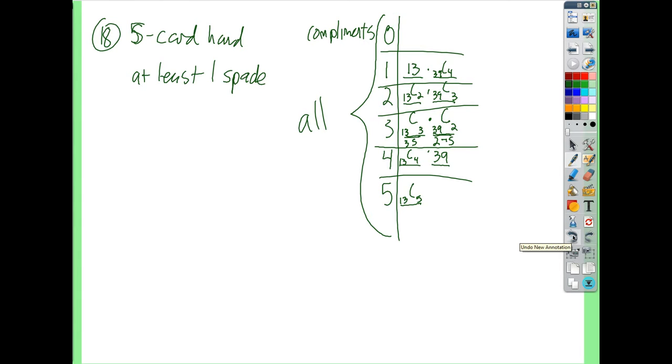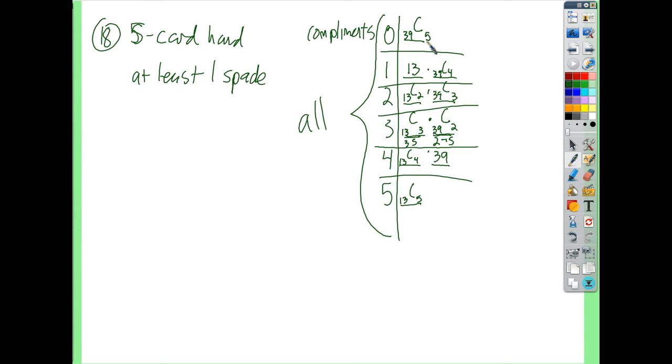So let's figure out how we get 0 spades. We'll take that away from the total number. Of course, you're going to have to count the total number of hands. We've already done that before, though. So let's count how many ways are there to get 0 spades. Well, that's just all 5 cards are not spades. How do we count that? 52. 13 of those 52 are spades. We don't want any spades. 39 combinations of 5. Right?